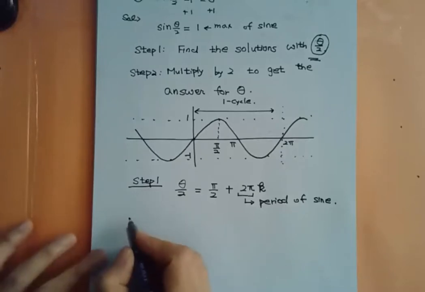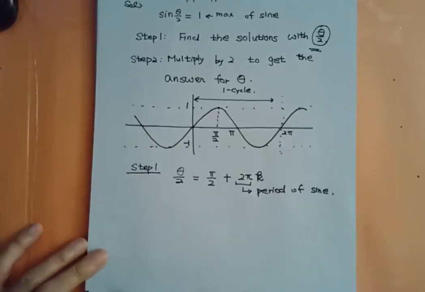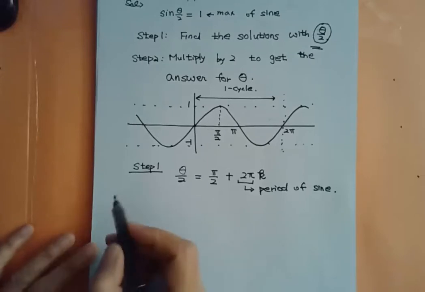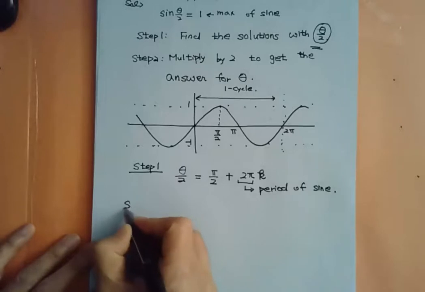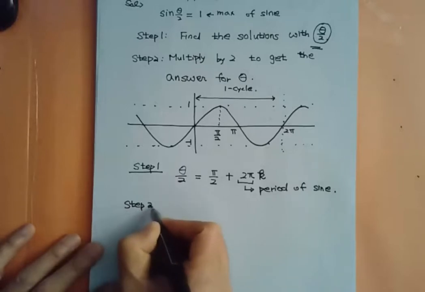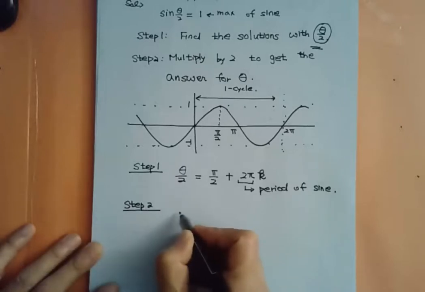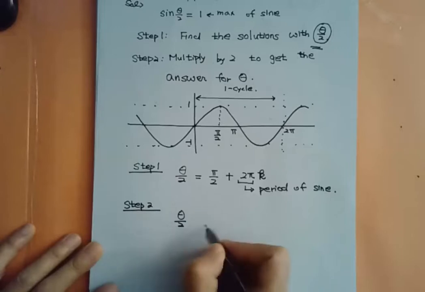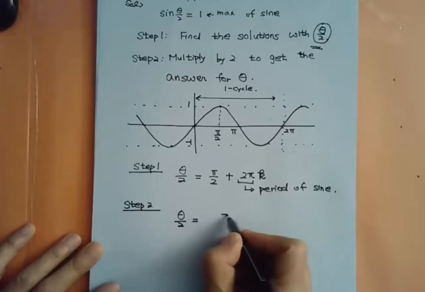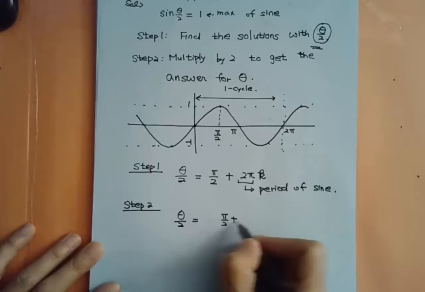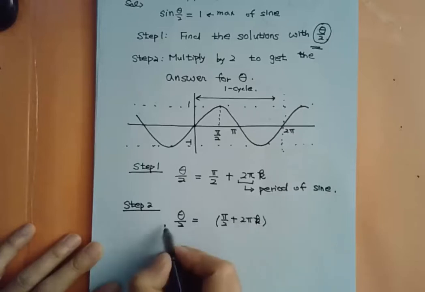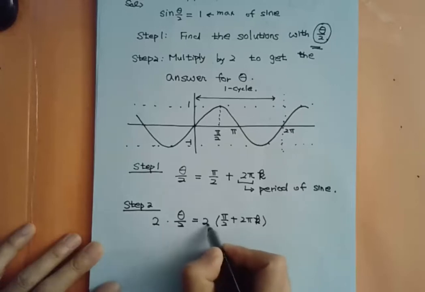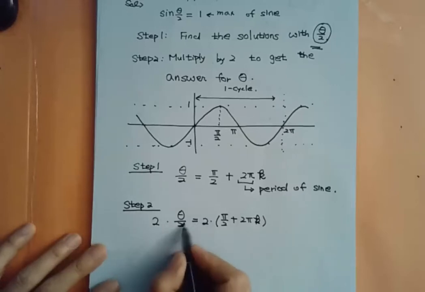And then we have to figure out the solution for theta. So we multiply by 2 on both sides. So we start with theta over 2 equals pi over 2 plus 2 pi k. And then we multiply by 2 on both sides.